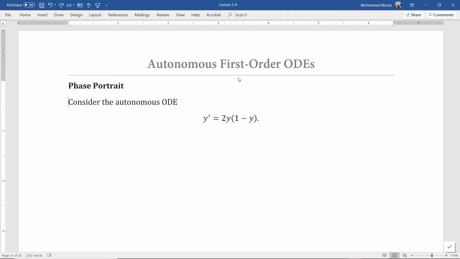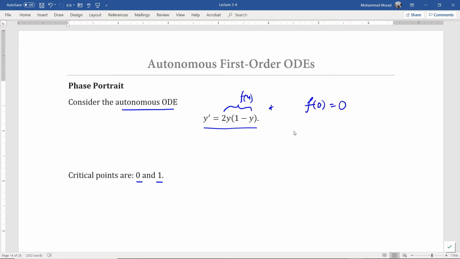Consider the autonomous ordinary differential equation y prime equals 2y times 1 minus y. The critical points of this equation are 0 and 1, since the right-hand side of this equation becomes 0 at 0 and at 1.